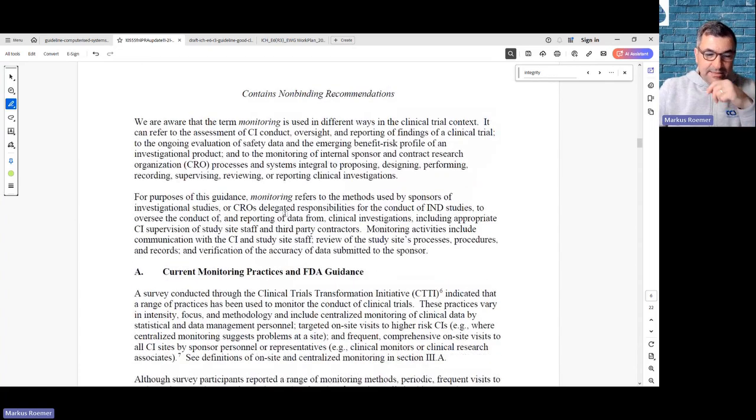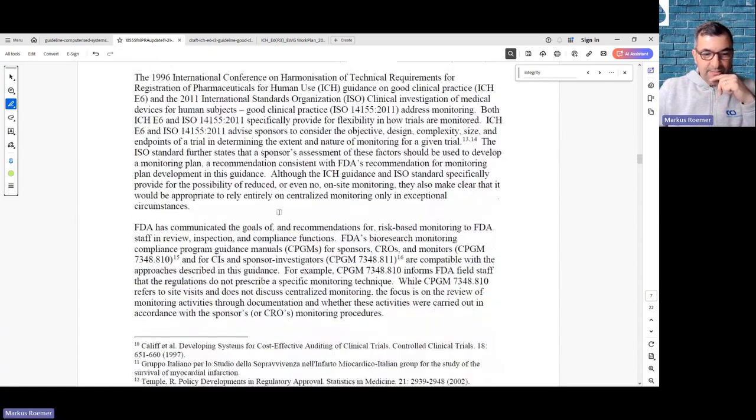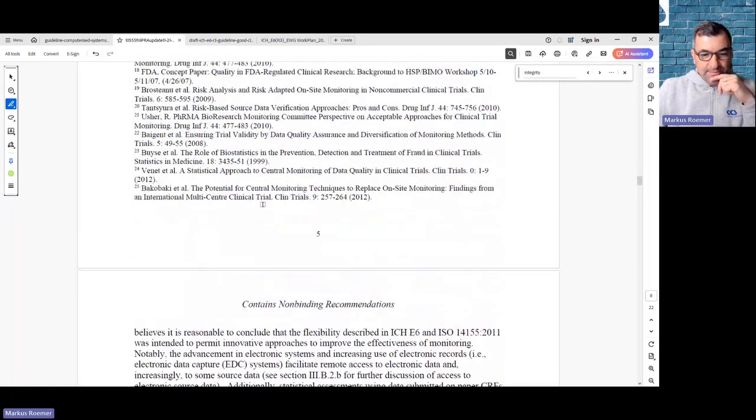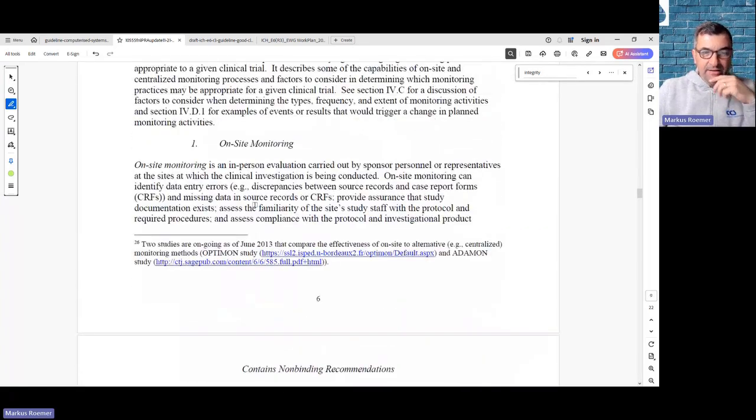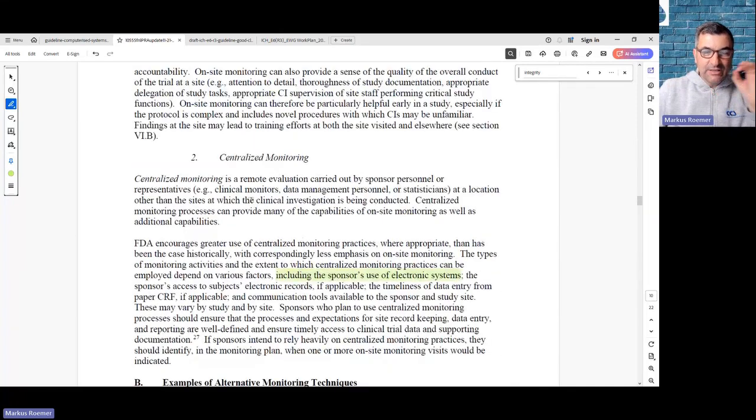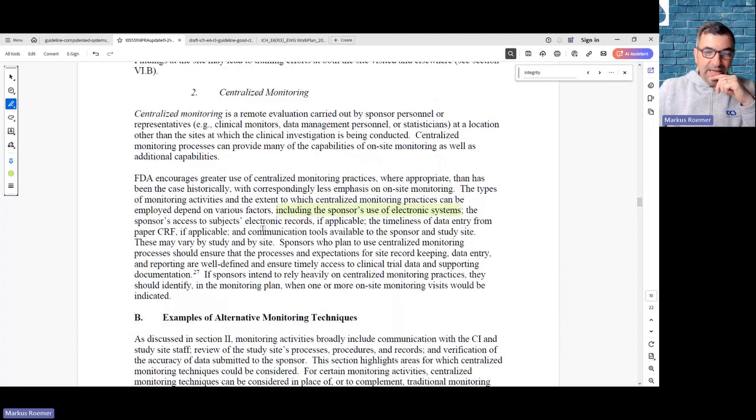And I really like this document provided by the US. I just show you something else that I have highlighted. They make a difference between on-site monitoring and centralized monitoring, including the sponsor's use of electronic systems. And this is important.